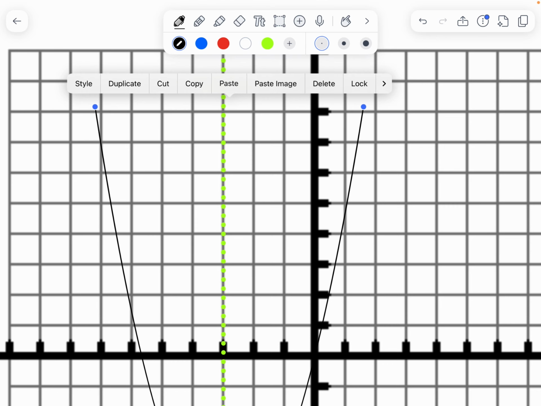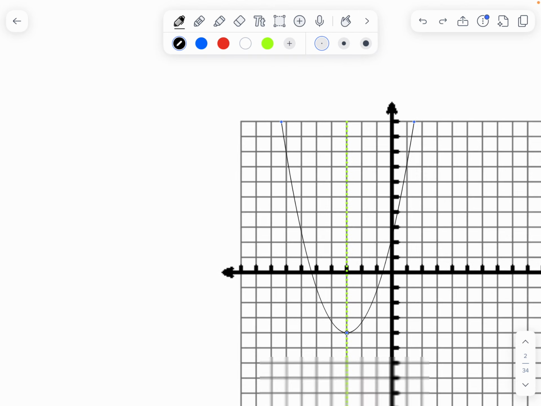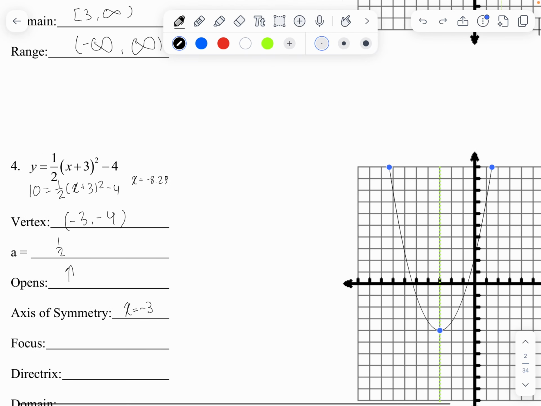Hang on, let me plug in. Wait, let's try to find the other value. I mean, it should be just the same, but on the opposite side, right?